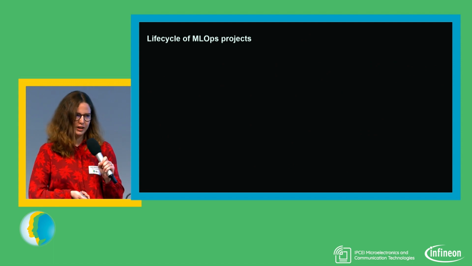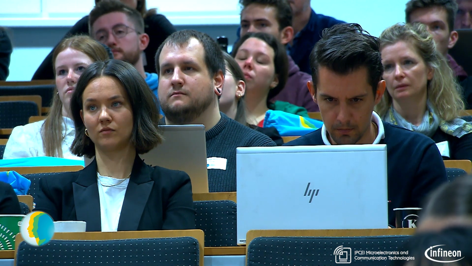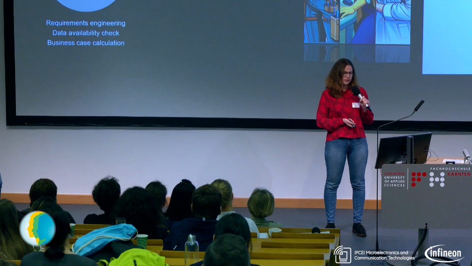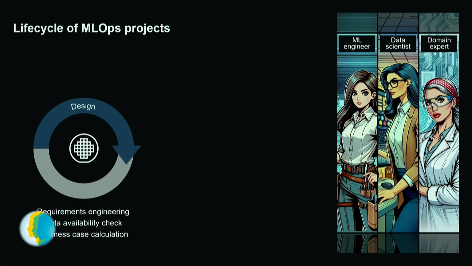To get now from the idea to a working model, many key players need to be involved, such as the main experts, the data scientists, and machine learning engineers. These key players need to be already involved at the design phase, where the basic requirements are defined, where the data comes from, as well as a business case.